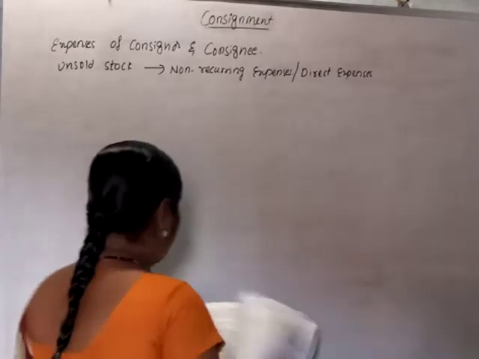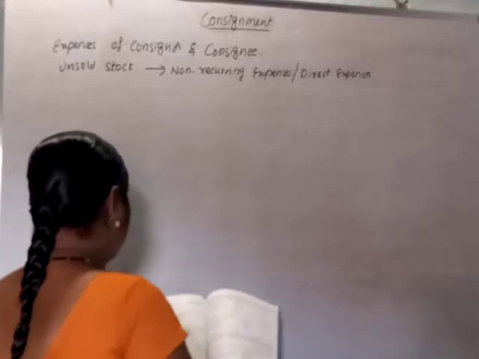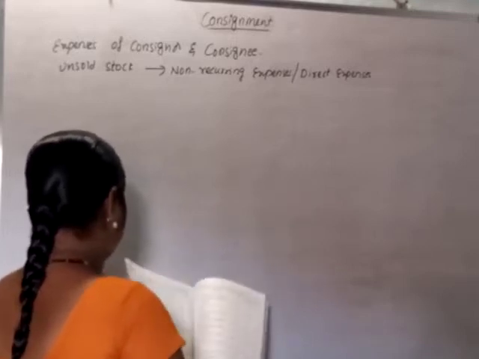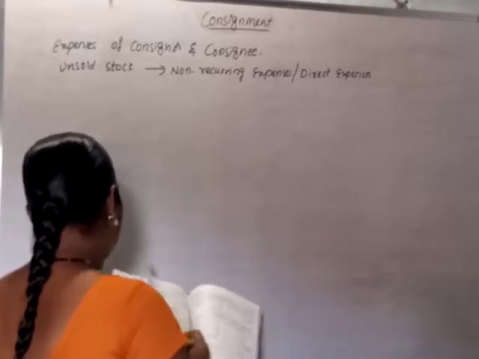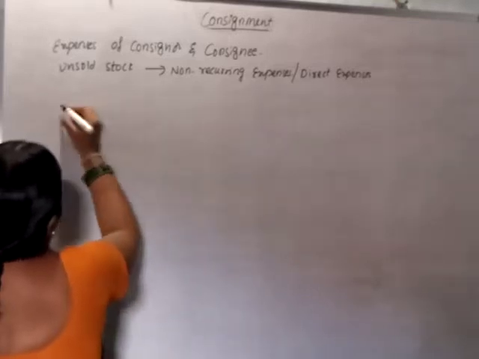So we have a table regarding this. Observe here. Non-recurring expenditure of the consignor and the consignee. So I am writing here non-recurring expenses.